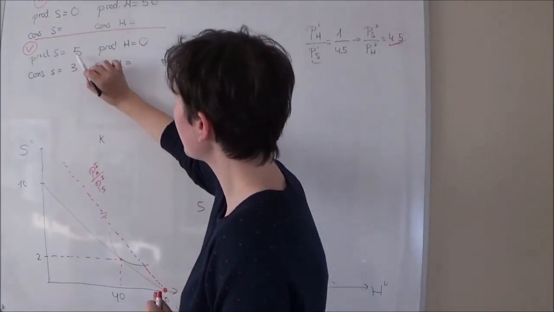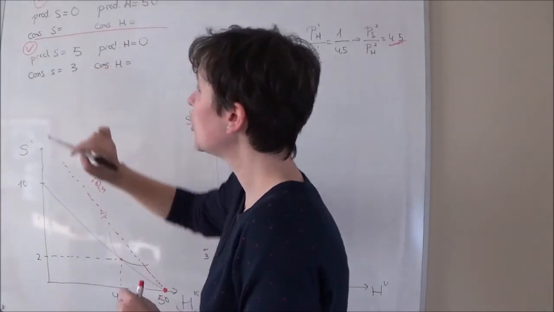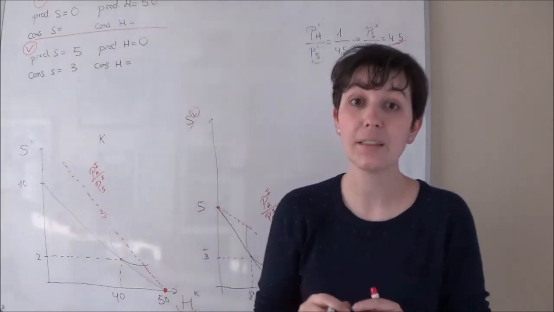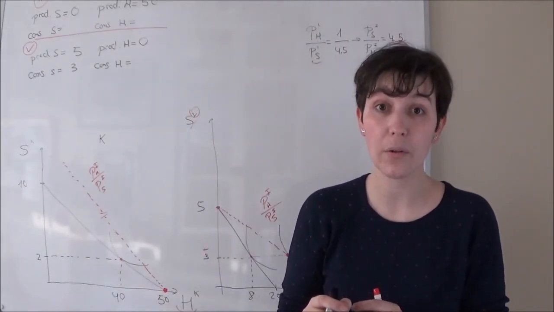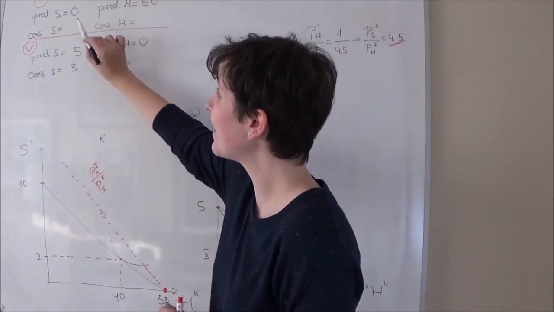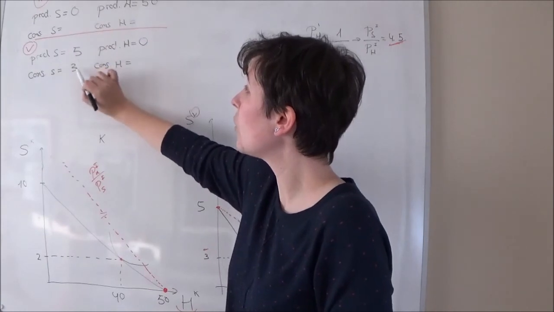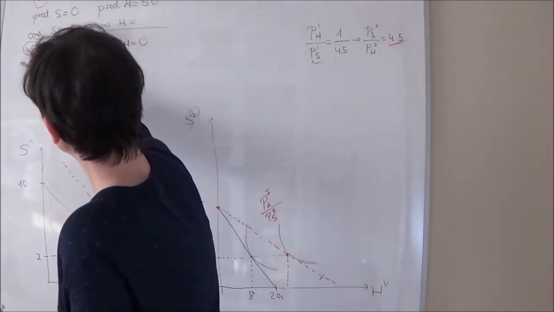So here we have that this economy is producing 5 units, is consuming 3, so that means that the rest is exporting to the other economy. So we know then that the other economy, that is not producing any of these goods, is going to consume 2 units.